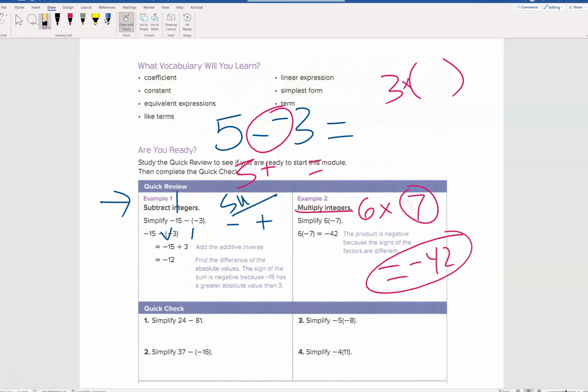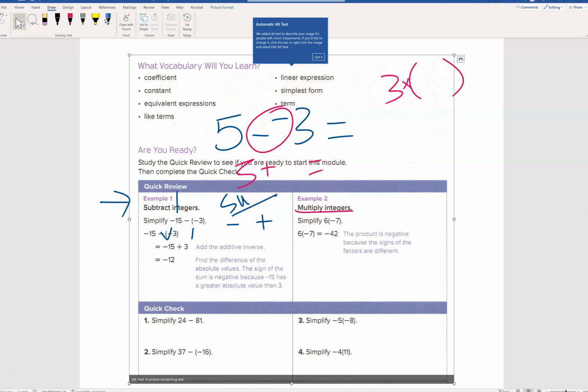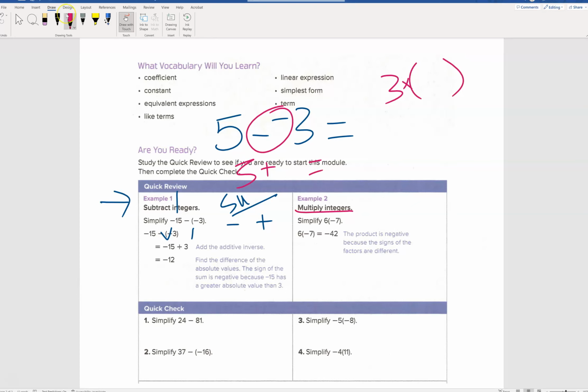All right, so here we go. Let's go on to the first one. So the first one you are looking at, you want to make sure that you check what our symbols are. So let's look at what we have in front of us. Let me move it up a little bit so it's easier for us to look at. Okay, so here we go. 24, look in front of it.